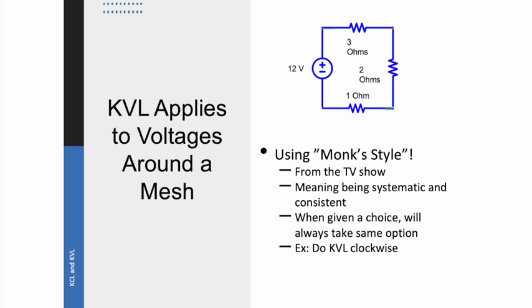When I'm given a choice, I'm always going to take the same option. Here's an example. I'll always do KVL clockwise. That's not too unusual. There are some textbooks that are written where every single circuit is analyzed with KVL. It's clockwise. Just trying to be systematic and avoid making sign errors.